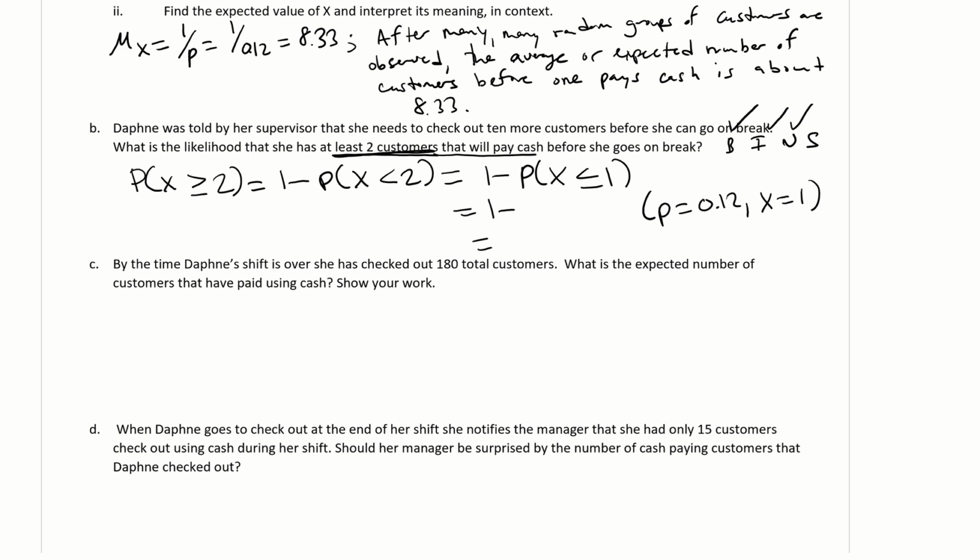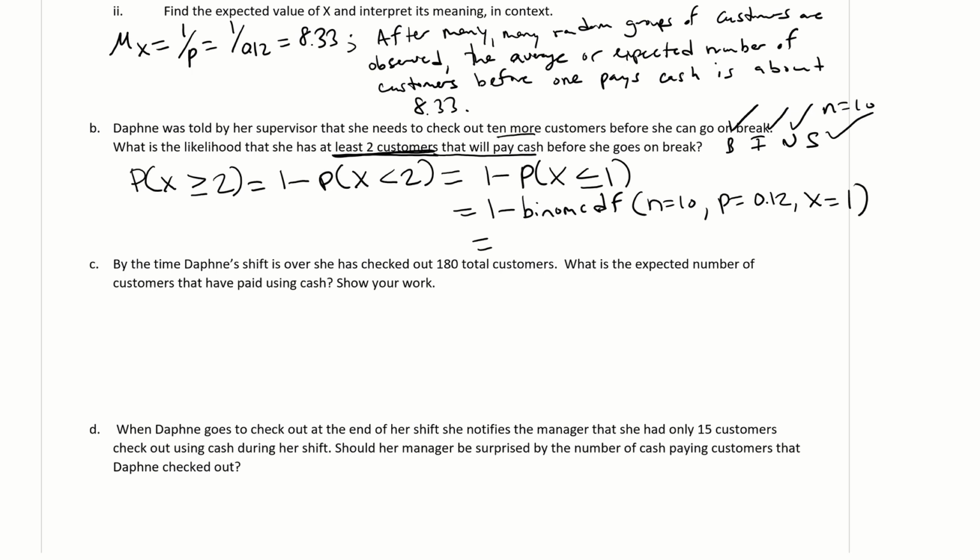In this case, the number of trials is 10 customers. And then we got the success. So here we got 1 minus binom CDF of n equals 10, p equals 0.12. I think that's what it was. Yeah. And then X is equal to 1.